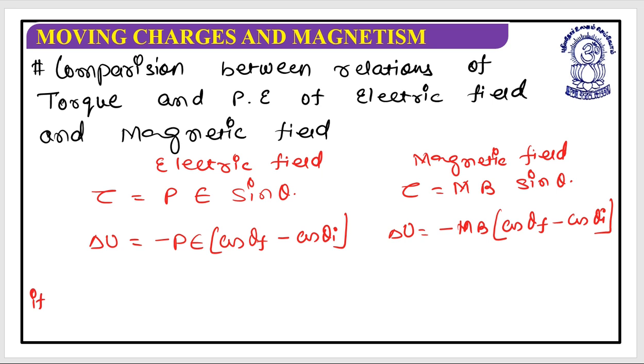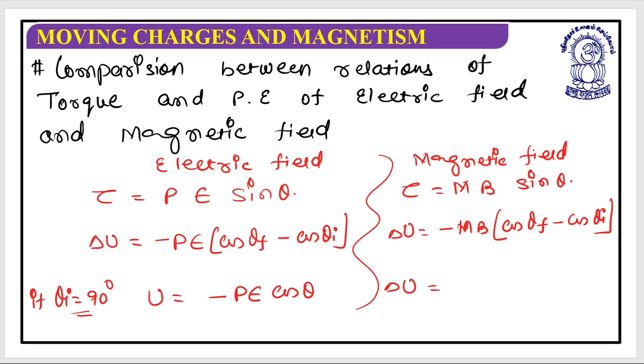Now if theta initial is considered as 0, then U should be equal to minus of PE cos theta. Even here, if theta initial is taken as 0, then U would be equal to minus of mB cos theta. Is it clear? So this is the correlation between the electric field and magnetic field.